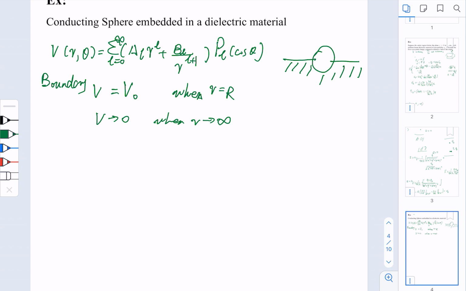We actually consider the surface of this conductor to be charged to V naught, and now in this system we can try to apply these boundary conditions.